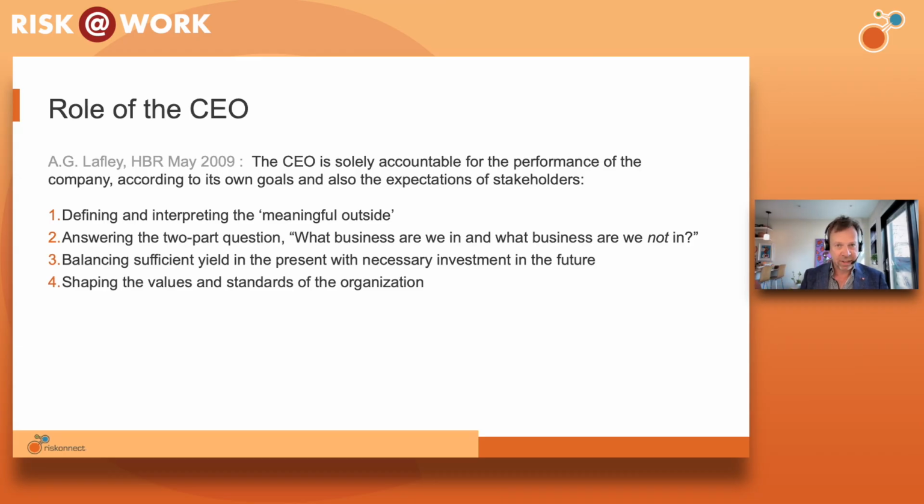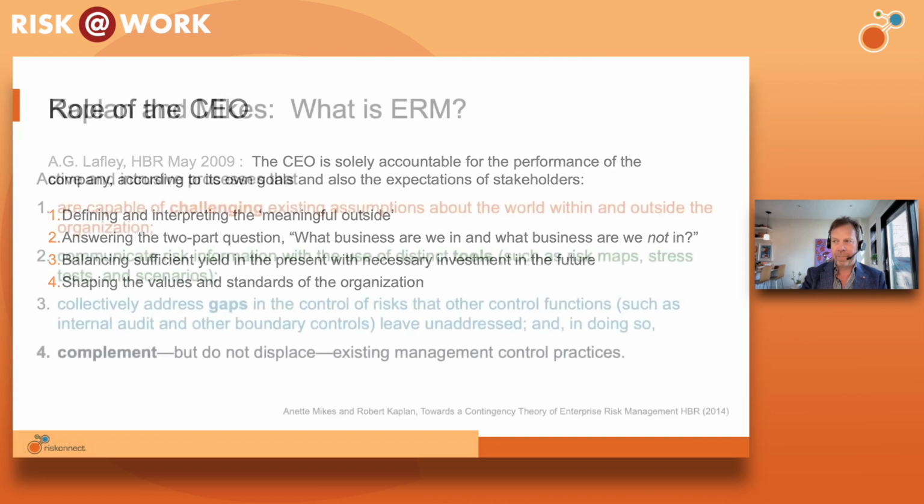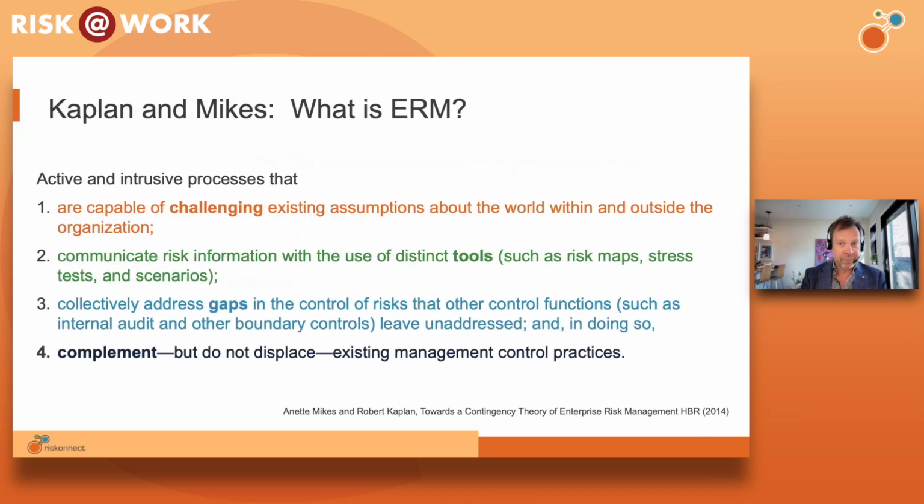So that's an interesting and I think insightful way to define the role of the CEO from a former CEO himself. What about the CRO or the head of ERM? What are they supposed to provide? This comes back to the even more fundamental question of what ERM is supposed to do. What is ERM? The gold standard definition I reference often in these webinars is the one from Robert Kaplan and Anette Mikes.